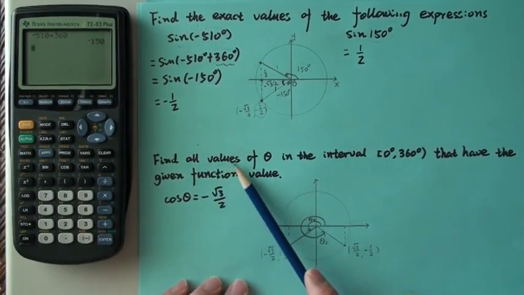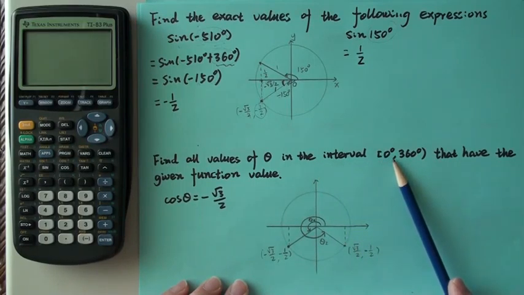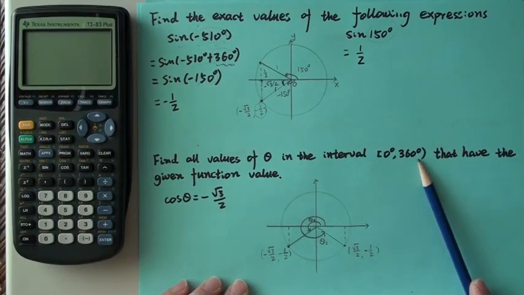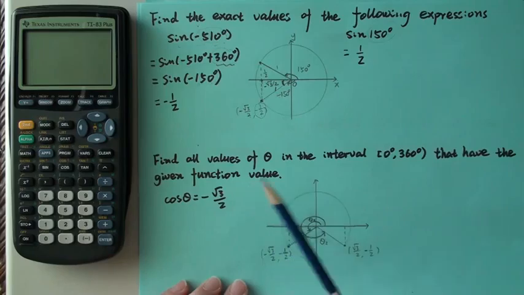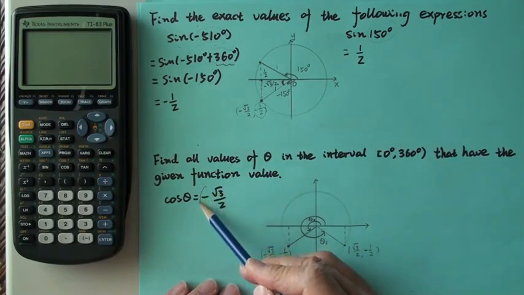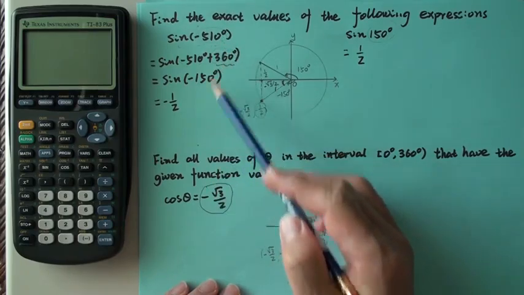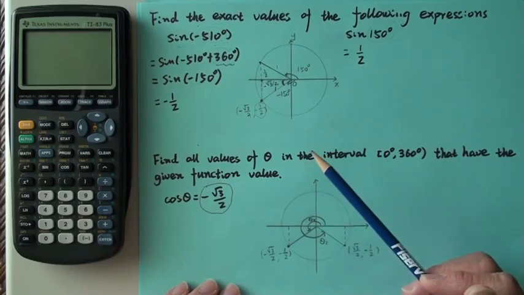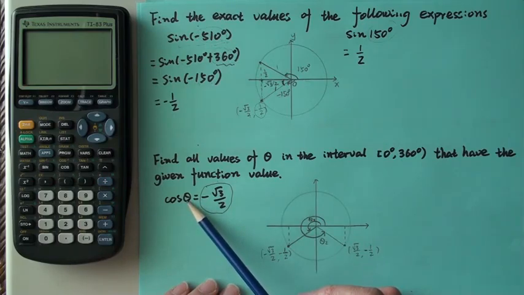Now look at this one. Find all values of theta in the interval from 0 degrees to 360 degrees that have the given function value. This one is different from those two. Here we are given the value and want to go back to find theta.